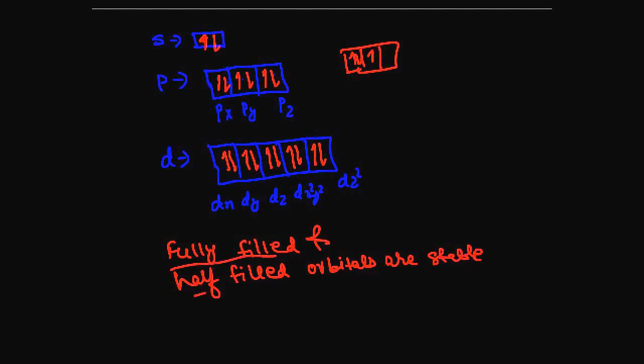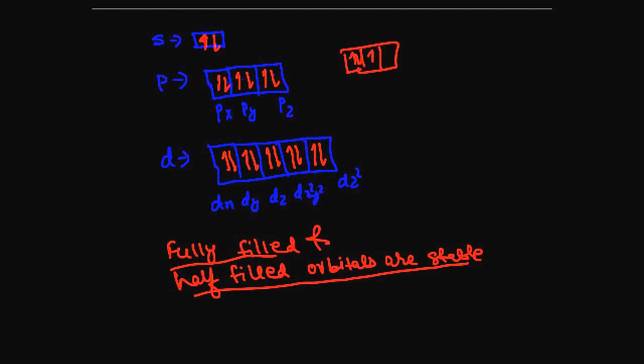So, now, this may make a little sense to you after you learn this case. The reason for the anomaly in copper and chromium is entirely based on this theorem. I'd say fully filled and half-filled orbitals are stable.